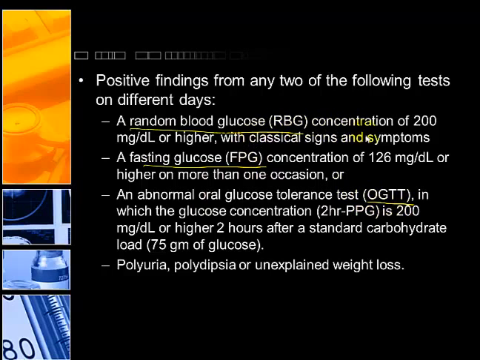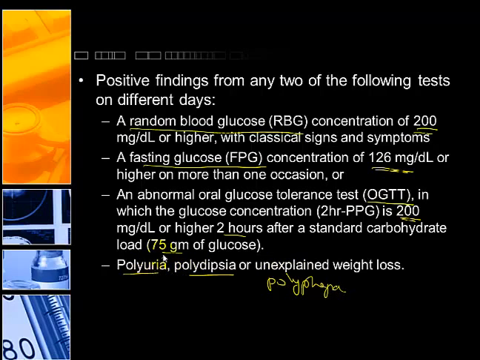If random blood glucose levels are more than 200 mg per deciliter, fasting blood glucose levels more than 126 mg per deciliter, and oral glucose tolerance test levels 200 mg per deciliter or higher, which is 2 hours after 75 grams of glucose mixed in around 200 ml of water, we call it diabetes. Plus you have these three important features: polyuria, polydipsia and unexplained weight loss despite polyphagia.